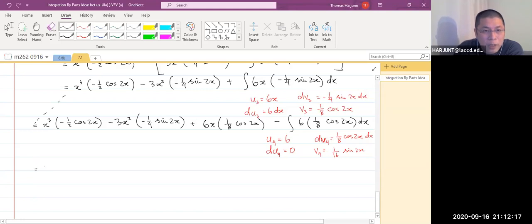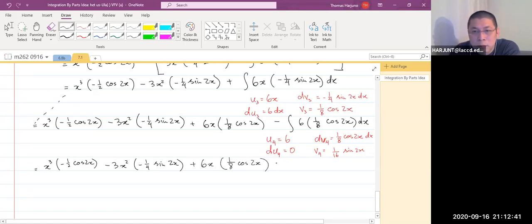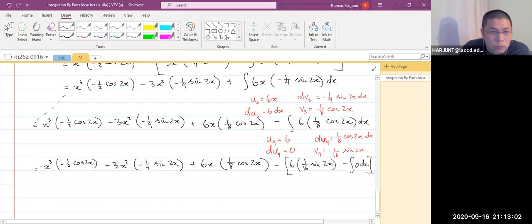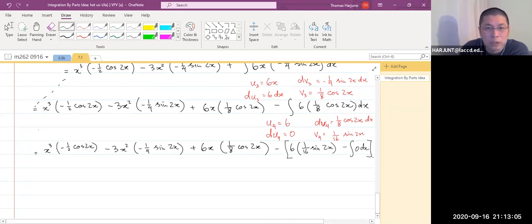So if I copy everything all over, minus u v minus integral of 0 dx, which is 0.